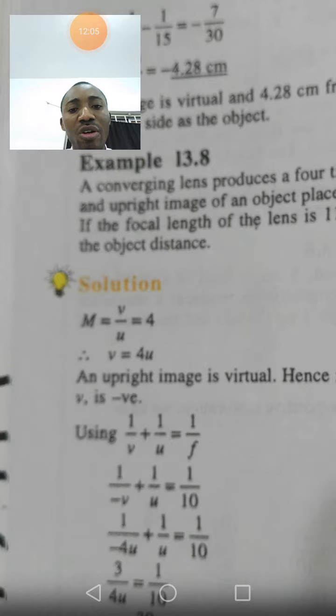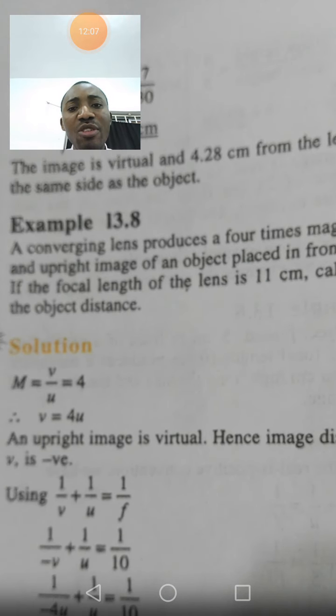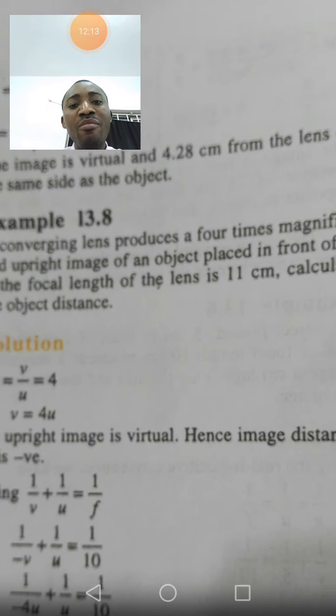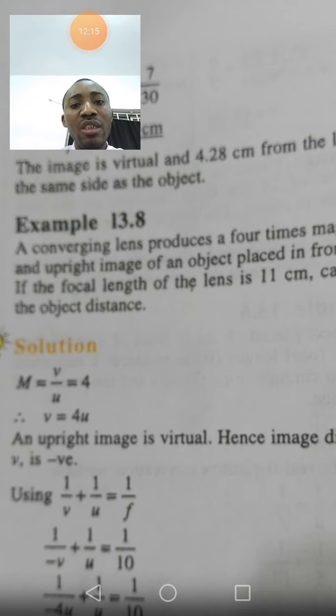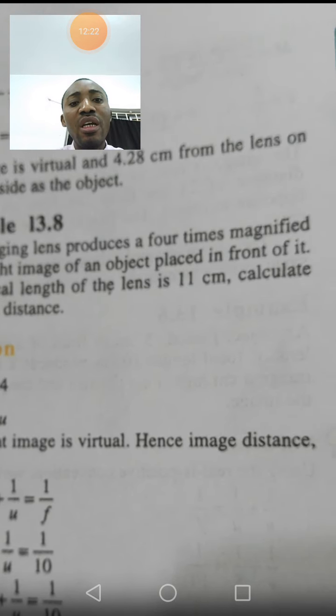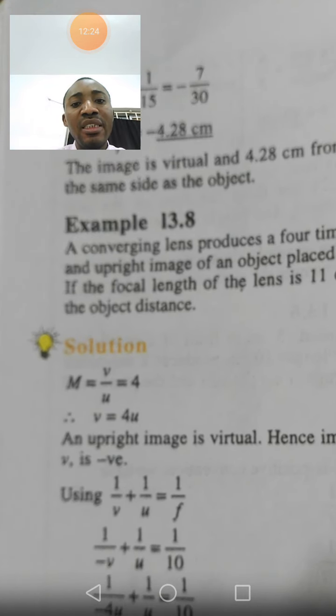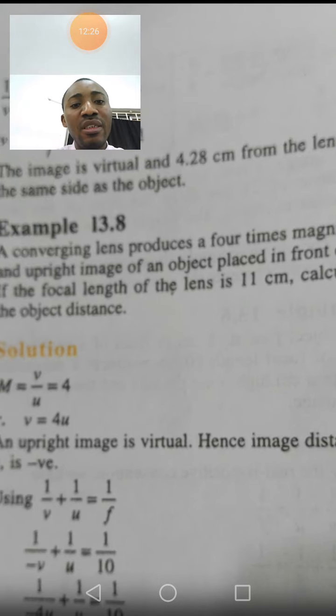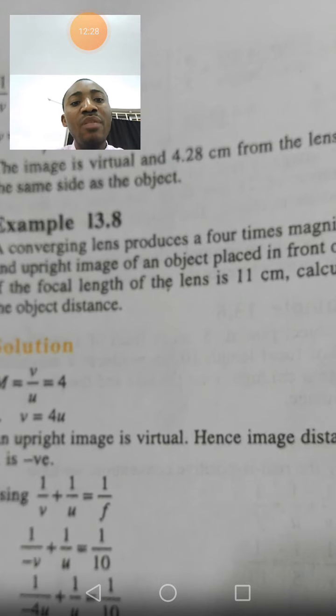Calculate the object distance. Alright, so let's look at what we are given in this question to be able to calculate the object distance. Number one, they have mentioned the magnification. A converging lens produces a 4 times magnified and upright image of an object placed in front of it.